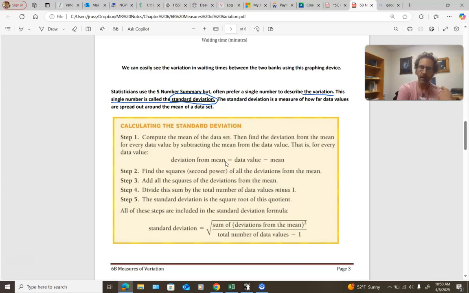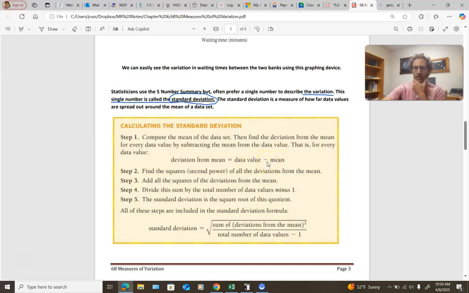So if I have a data set, I can find the mean, which is sort of like the center. And then all these other data values, how far do they differ from the mean? And the deviation is literally the data value minus the mean.